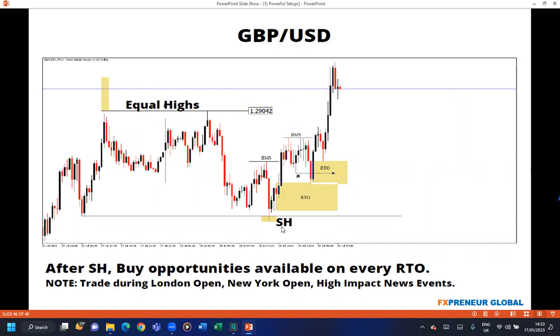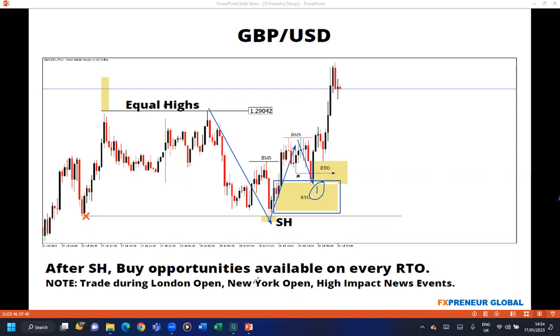Now look at this last one here. This one gave us 2 entries. Initial low, stop hunt, break of market structure, one order block, return to order block, first entry.